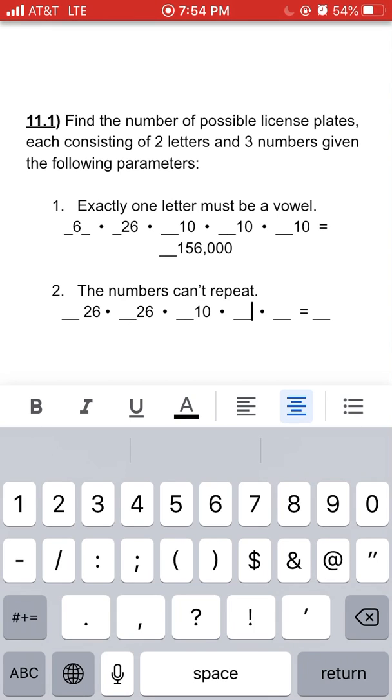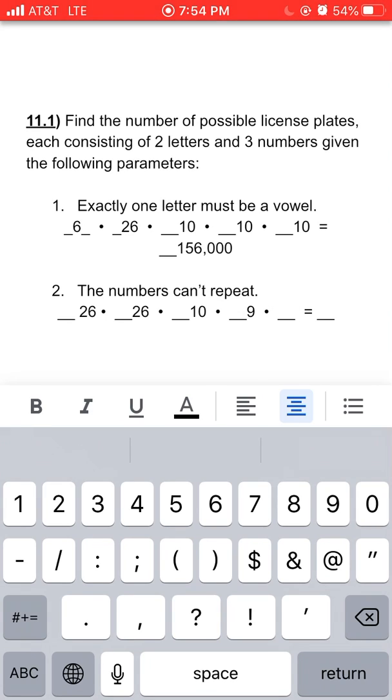For the second one, we can't have a repeat, and whichever number we choose for the first digit, we can't use that again. So that automatically takes out 1 possibility, which will give us 9 possibilities in all.